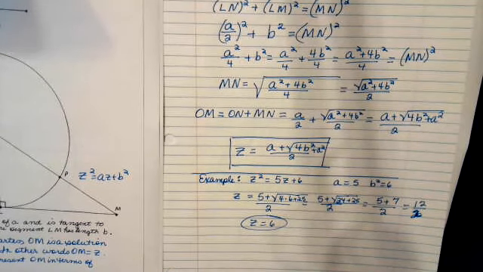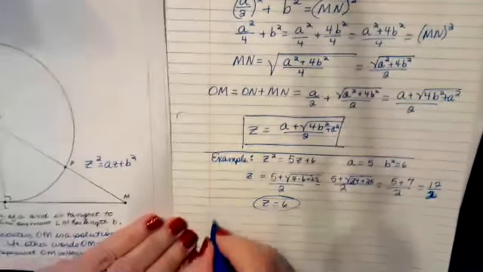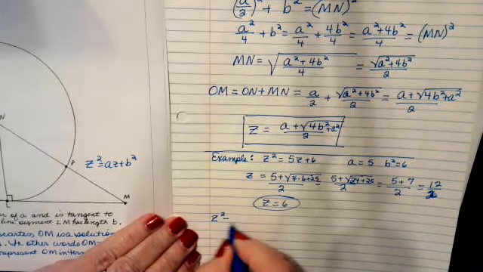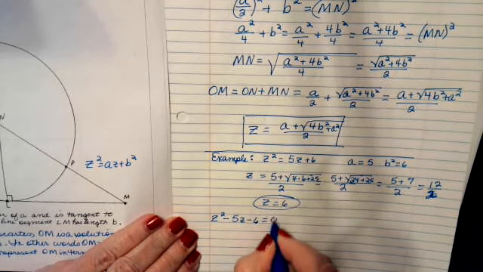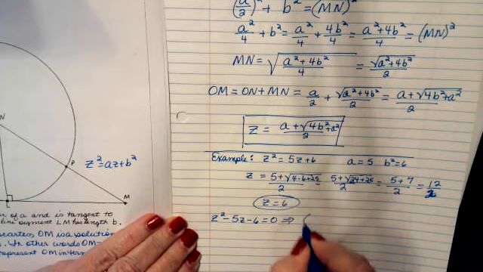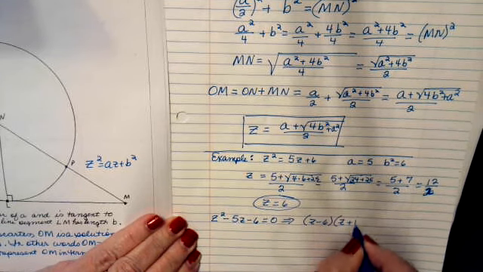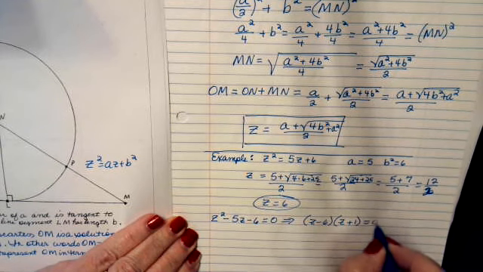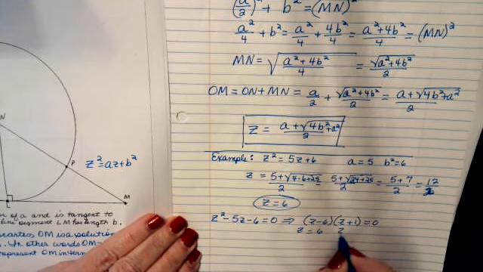Okay. And if we took this equation and we factored it, z squared, get everything on one side of the equation, minus 5z minus 6 equals 0. When I'd factor, I'd get z minus 6 times z plus 1 equals 0. I'm going to get two solutions, z equals 6 and z equals -1.